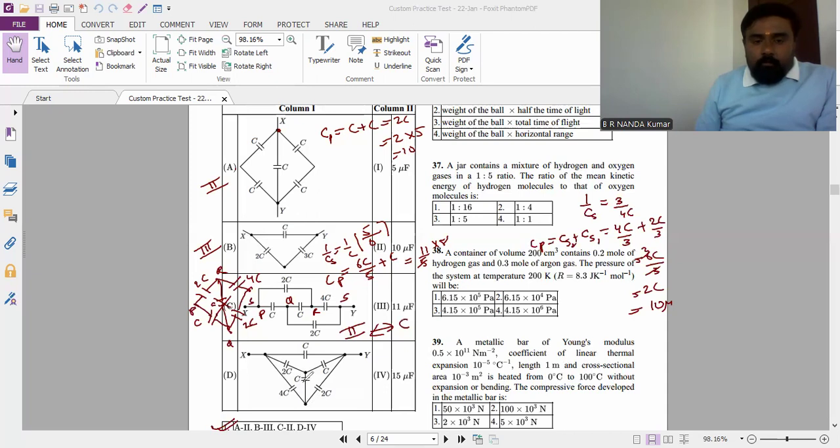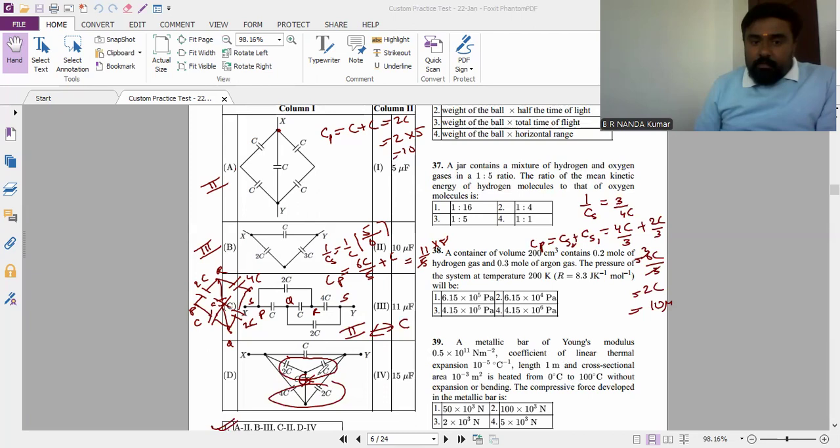This is also in the form of a Wheatstone network. 4C by 2C is 1 by 2, 2C by C is 1 by 2, so it is balanced and the middle capacitor is meaningless. So you find 4C and 2C connected in series, and 2C and C connected in series. Then you connect them in parallel.